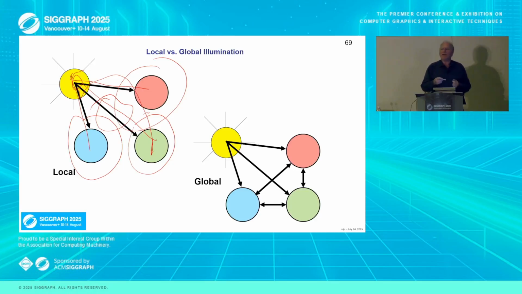Because I can do it quickly. Whereas global illumination means there is interaction between the objects. The light lights up this, but light that comes off of this goes over there, goes over here. It looks more realistic, but as you can imagine, it takes longer to do. Okay, but again, these are the trade-offs that people make when they want to do the lighting.